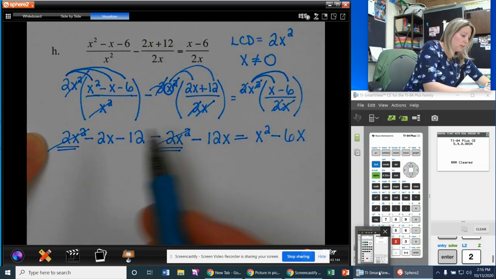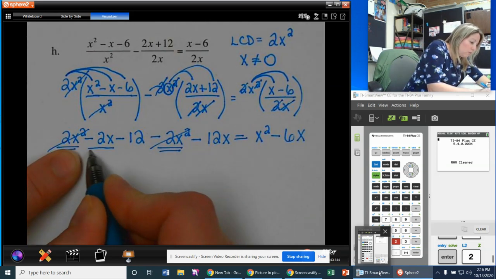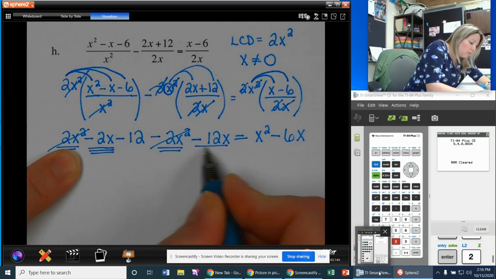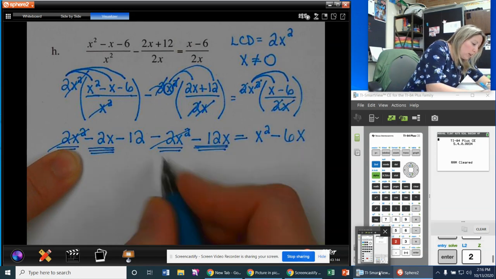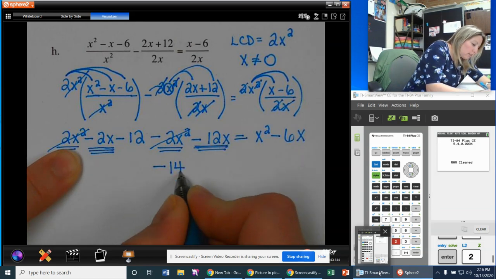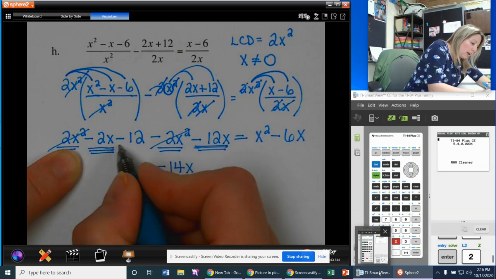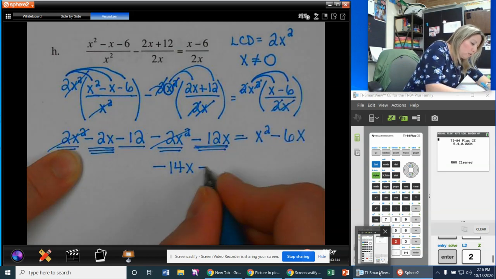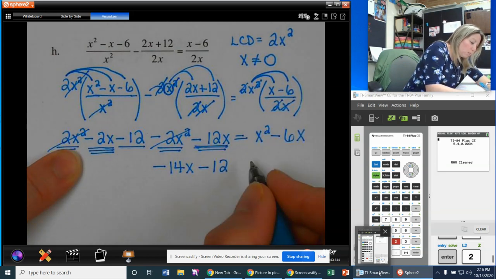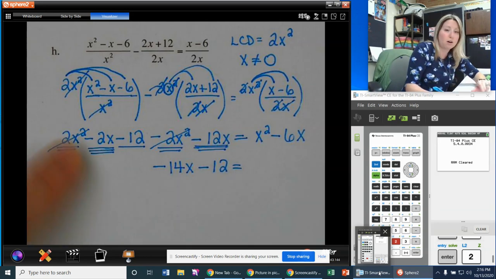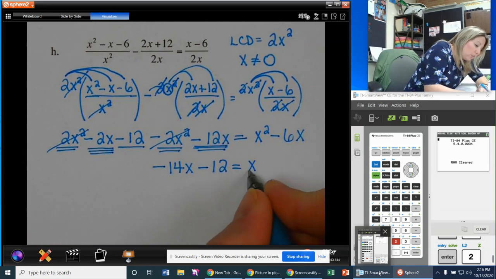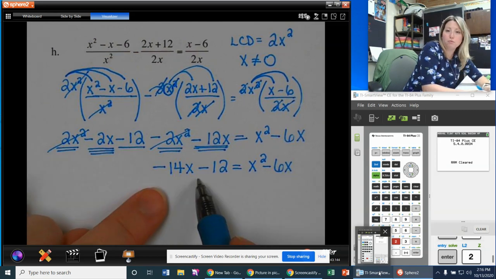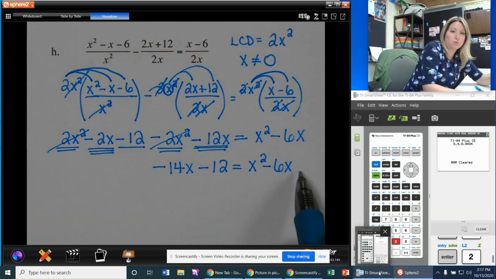Now you've got on the same side of the equal sign, negative 2x and negative 12x. Those add up to negative 14x. And then this guy doesn't have a partner, negative 12, right? No more numbers on that side of the equal sign, gets moved down. And then if you look, this x squared over here, well, that stays. So that's actually what we're going to move these two pieces to go over there to, okay?